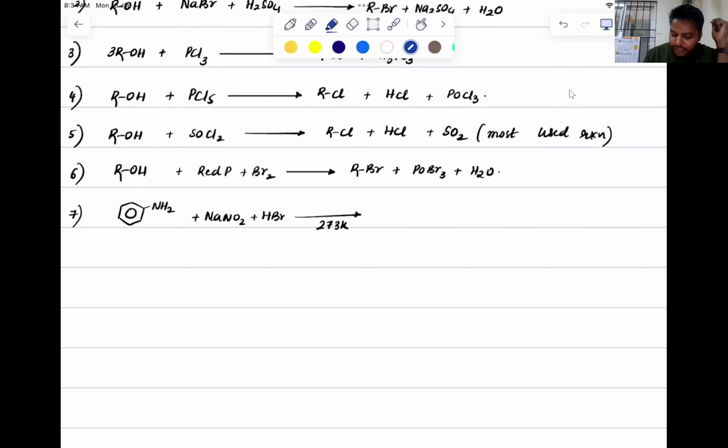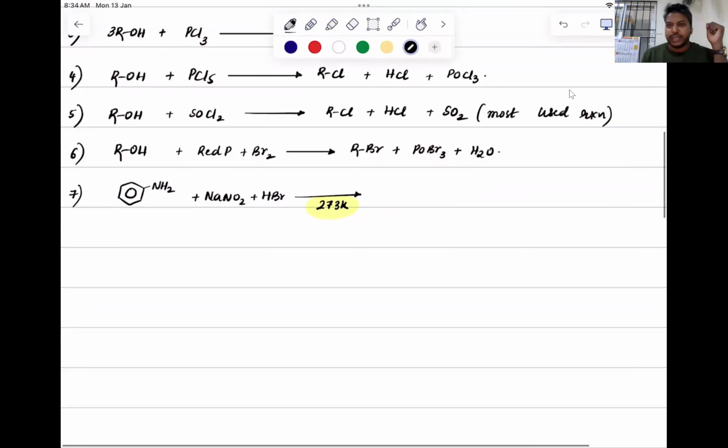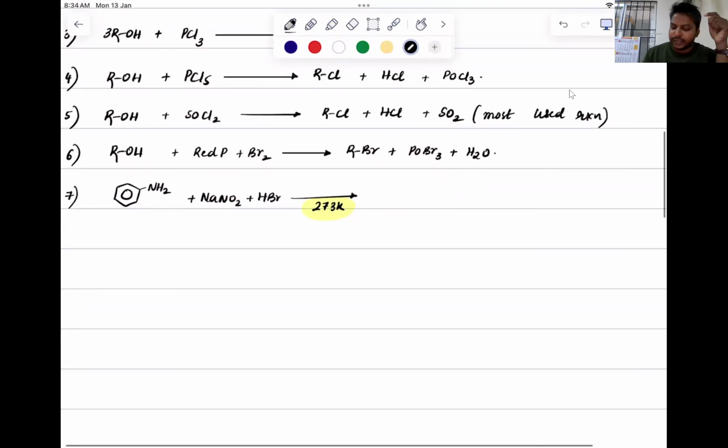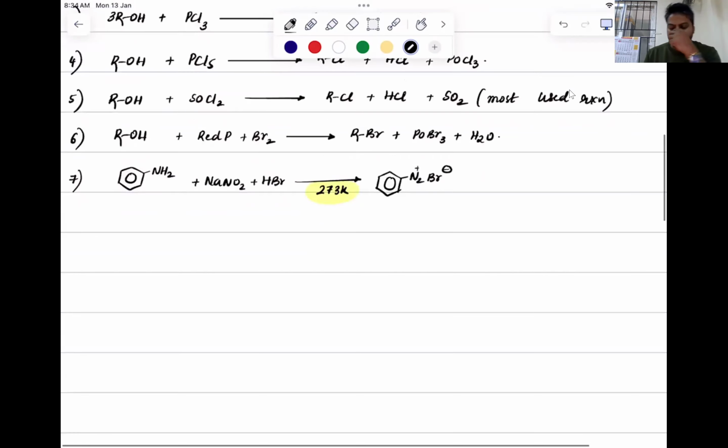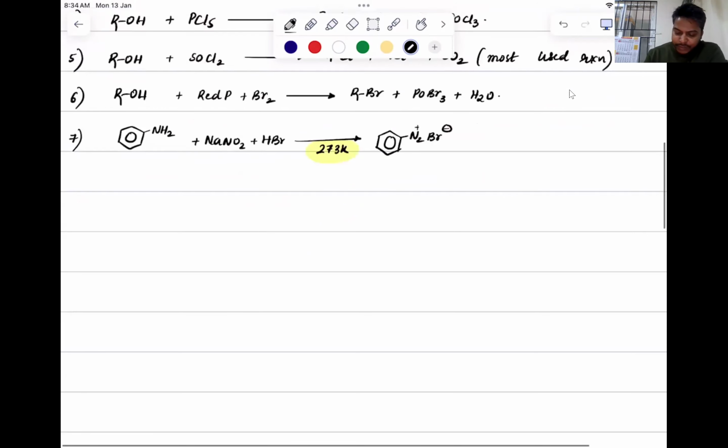Now, wherever I'm mentioning temperature, that is an important area, okay? They have been using these direct temperature values. So learn it. Wherever it is written, you need to learn that, okay? So that converts into diazonium salt, N2+ Br-. So this is the product that you will get. Correct?